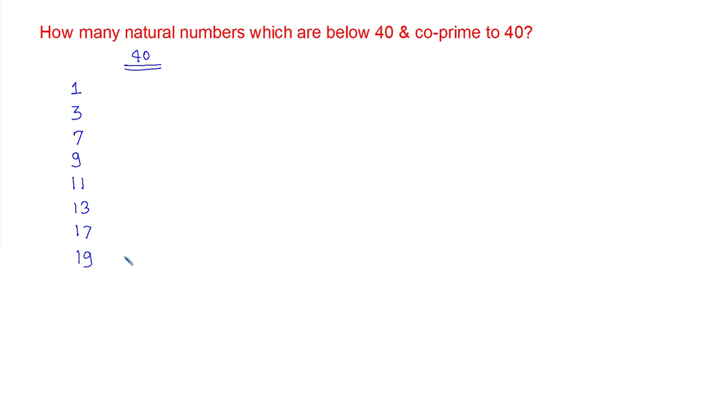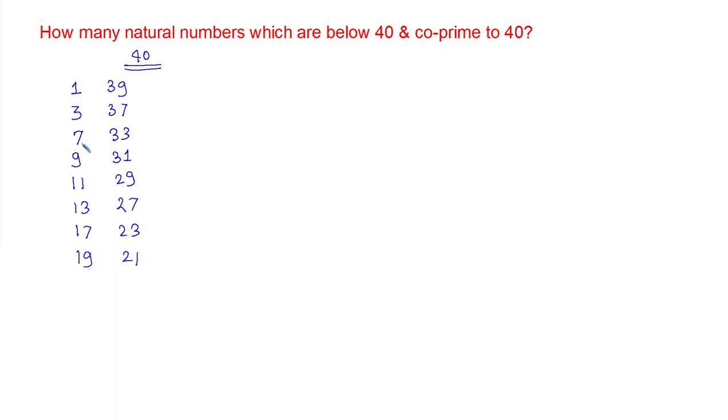After that, 21 and 40 are co-prime, 22 no, 23 and 40 co-prime, 24 no, 25 no, 26 no, 27 and 40 are co-prime, 28 no, 29 and 40 co-prime, then 30 no, 31 yes, 32 no, 33 yes, 34 no, 35 no, 36 no, then 37 yes, 38 no, 39 yes. Okay, so these are the numbers which are below 40 and co-prime with 40.